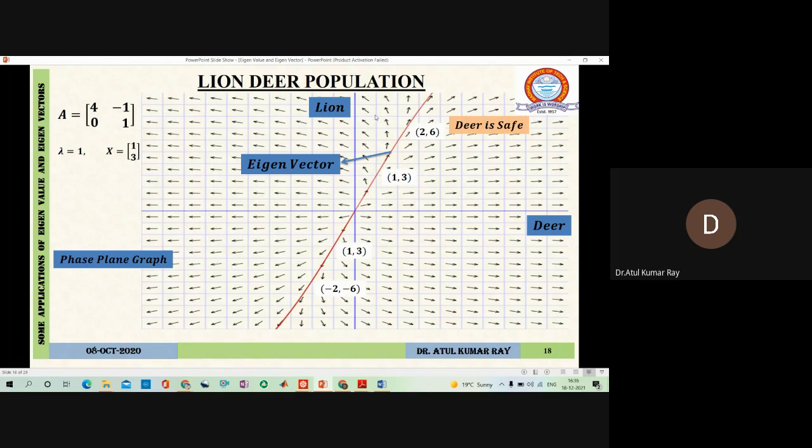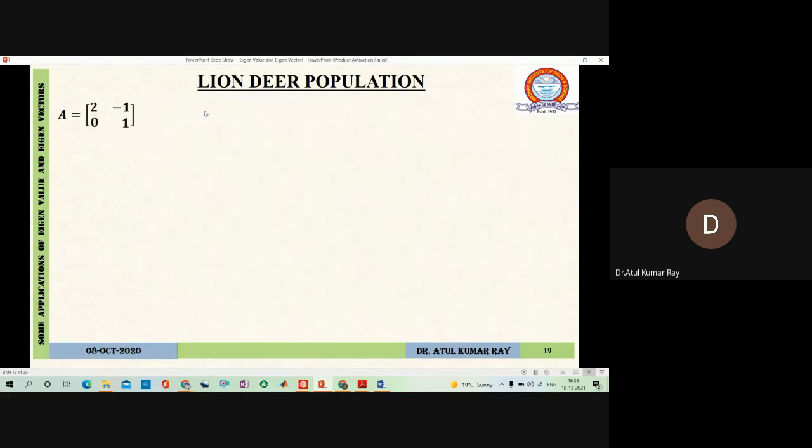Suppose I increase the lion population, or decrease the deer population. In that case, what will happen? Just one thing changes here: I have changed the 4 to 2.